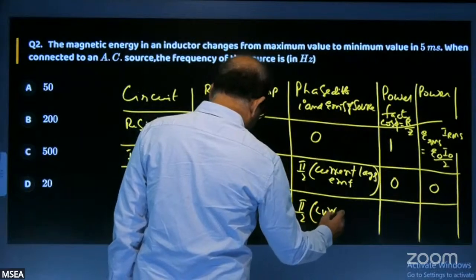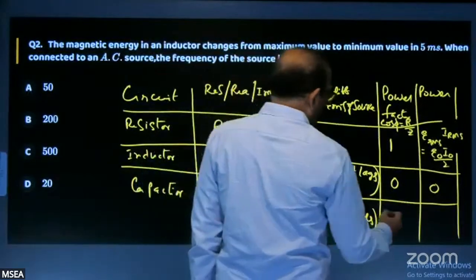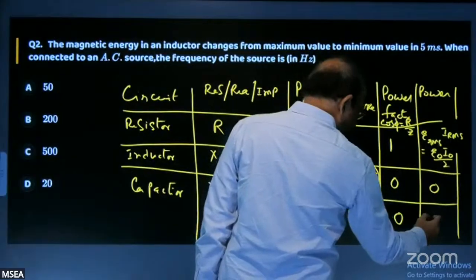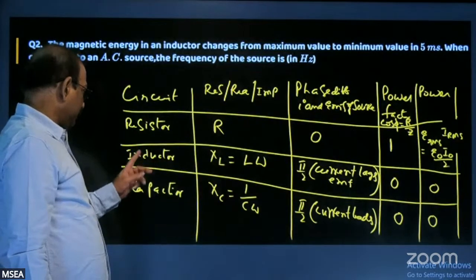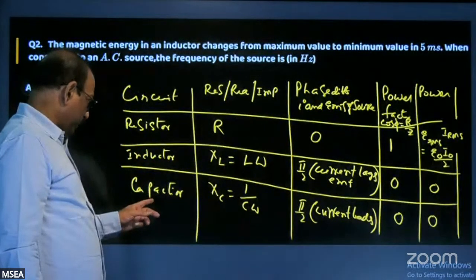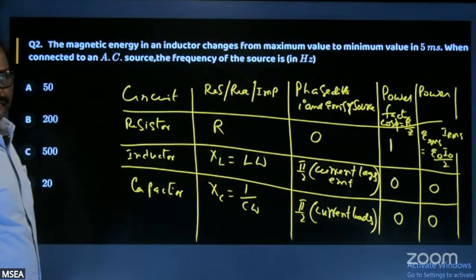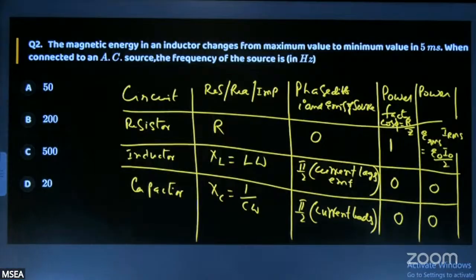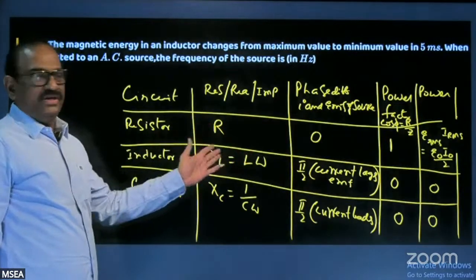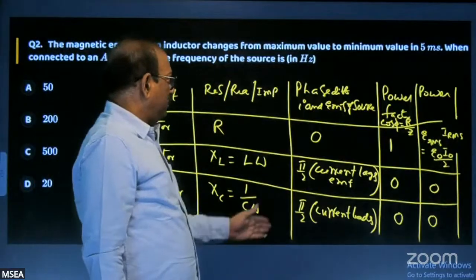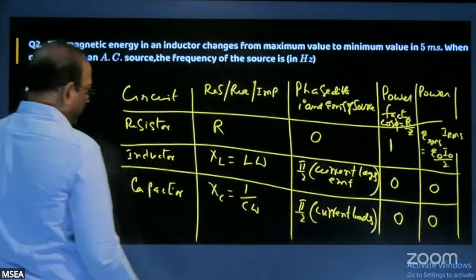In a pure capacitor circuit, current leads the EMF by pi by 2, power factor 0, and average power 0. You need to remember these points for the pure resistor, pure inductor and pure capacitor AC circuits. Questions will usually be on impedance, phase difference and power factor.